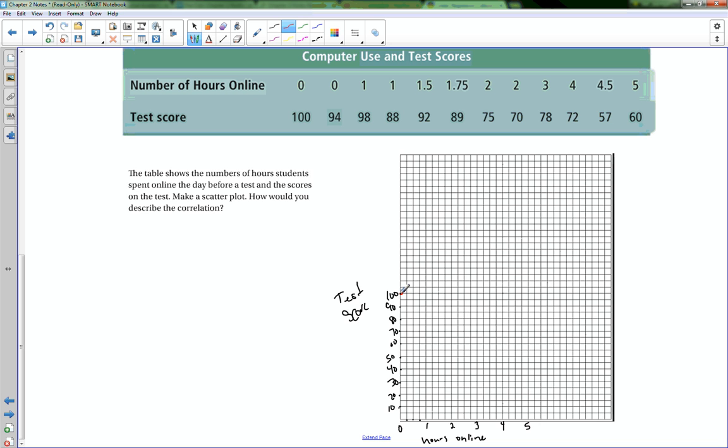So I have one at 0, 100. I have one at 0, 94. I have one at 1, 98. I have one at 1, 88. I have one at 1.5, 92. I have one at 1.75 and 89.